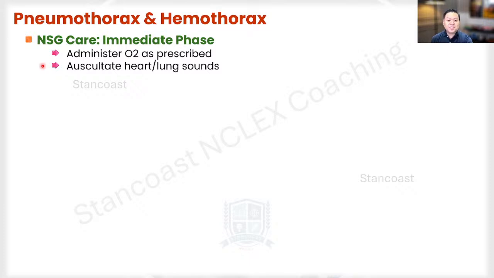Now, we're also going to document if in case the patient will require the ventilator or let's say intubation because the patient probably went into respiratory arrest.